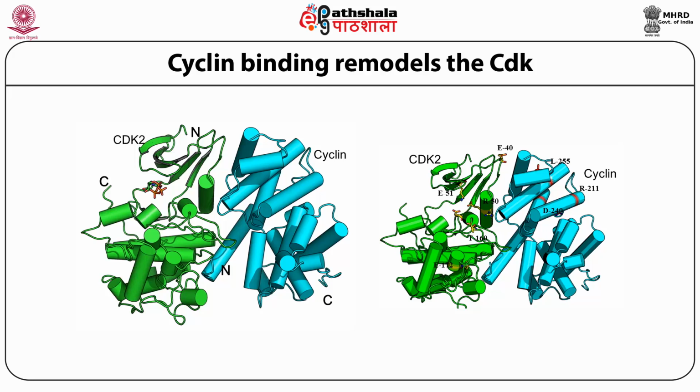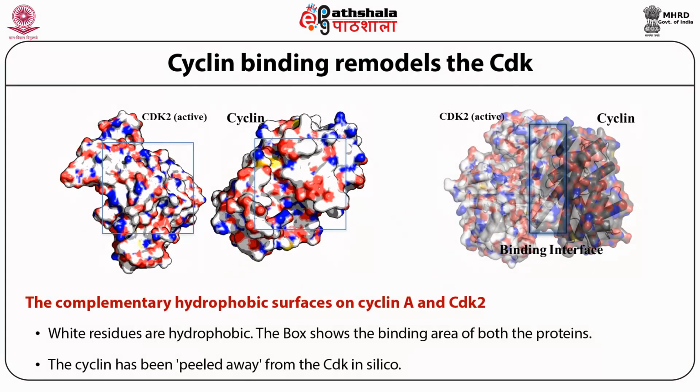In the next slide, I'll show you the charged surface structures. Here, the cyclin and cyclin dependent kinase are shown in charge dependent color format. In the boxed area, which is the protein interacting surface, we can see that the white patch is larger on both cyclin and cyclin dependent kinase.